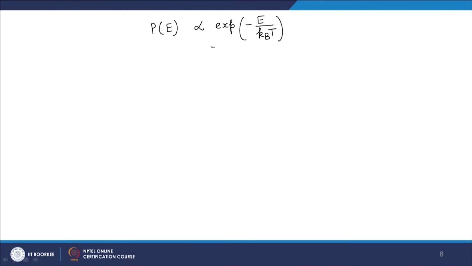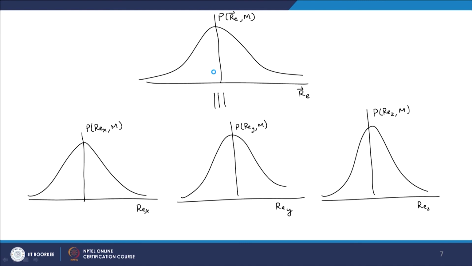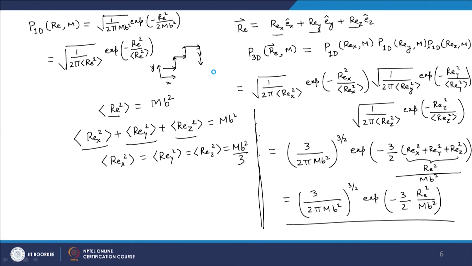Okay, so if I compare this with what we have obtained, E by k_B T is equivalent to what we have derived earlier, the 3 by 2 R_e square by m b square.